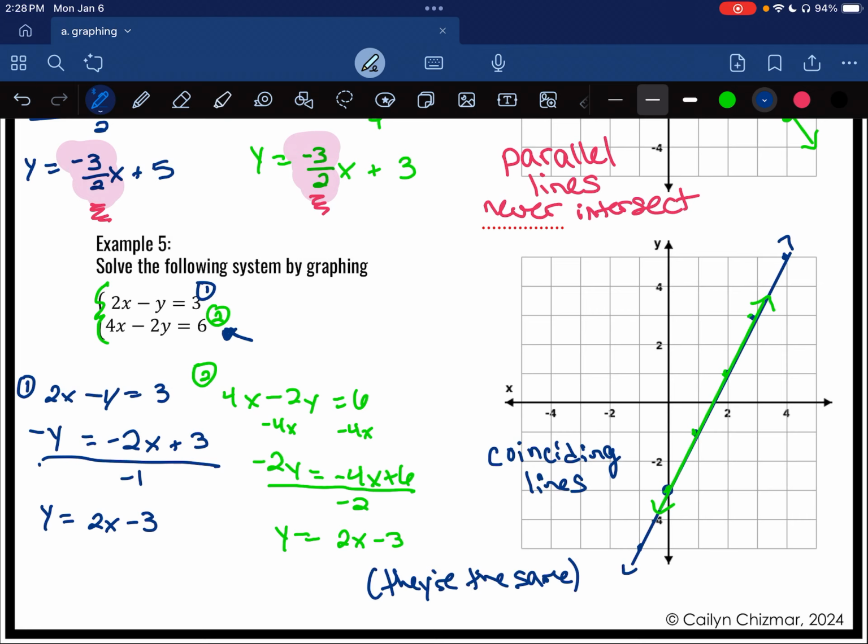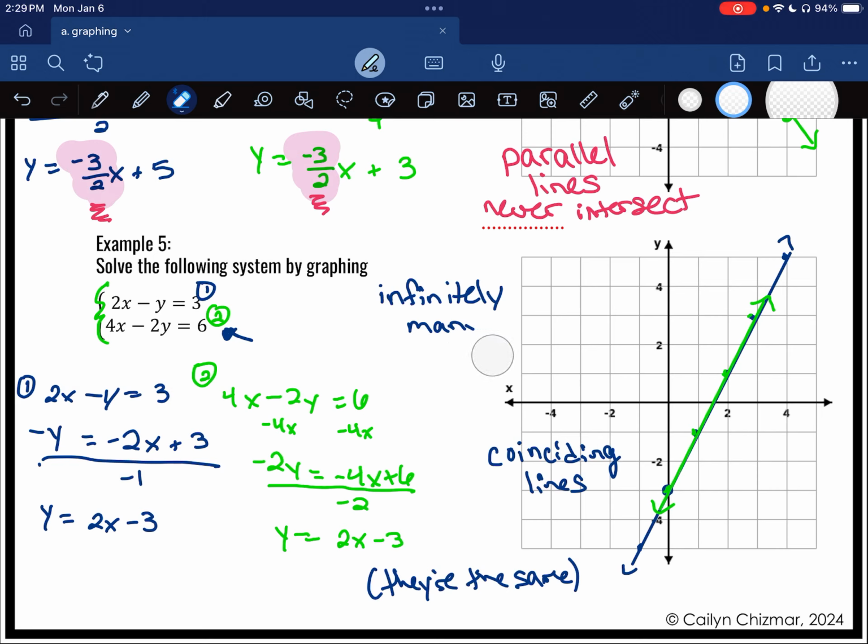Rather than having no solutions, this has the opposite problem, where it has infinitely many solutions. Oh my goodness, how many times can I misspell for you guys today? Alright. Infinitely many solutions.